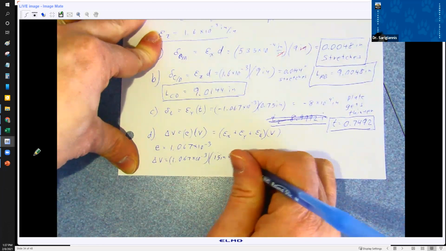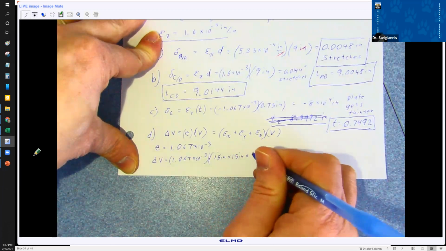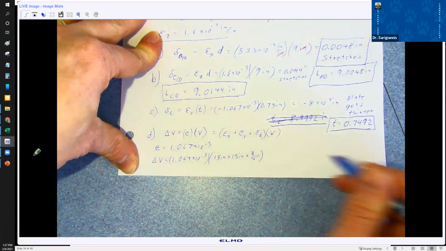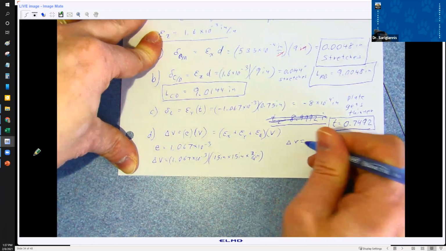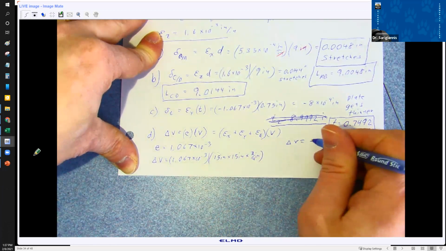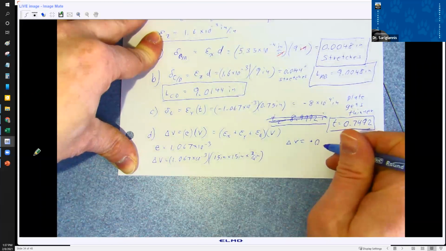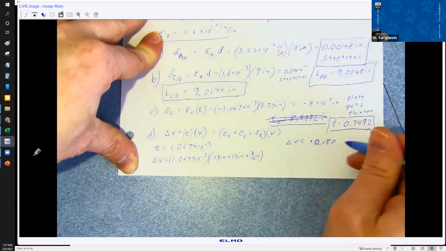So delta V turns out to be, obviously a plus because I didn't put a negative, 0.180 inches cubed.